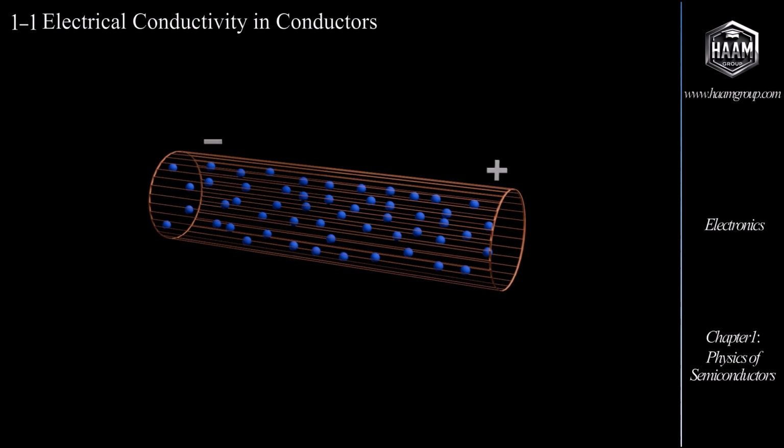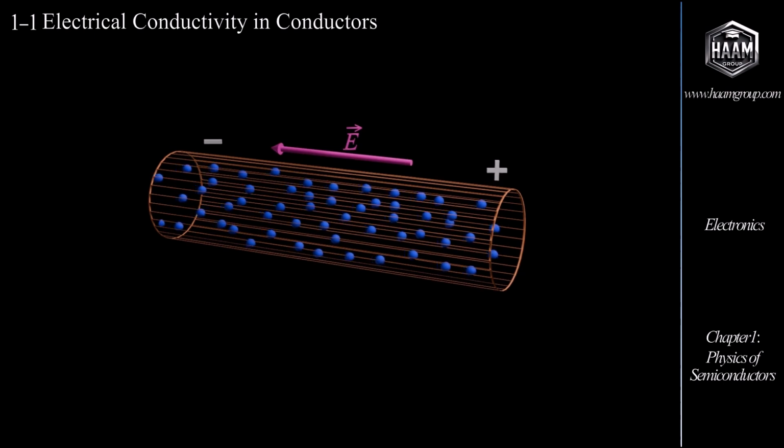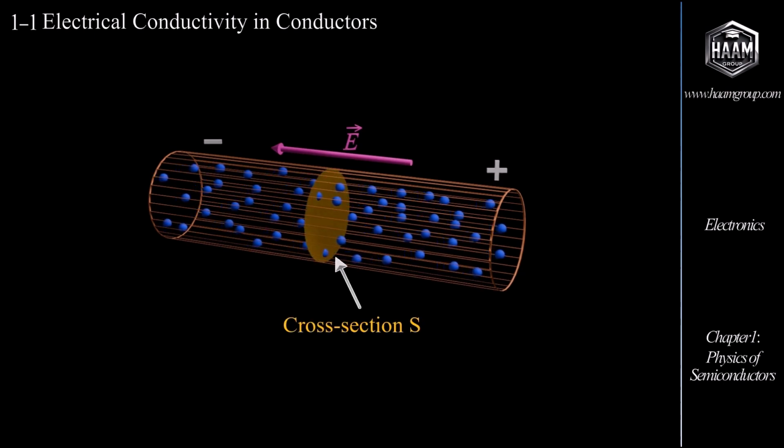However, if an electric field is applied across the two ends of this wire, that is, if a potential difference is applied, creating a field E, then the field exerts a force on the free charge that is stronger than the Coulomb force between the charges themselves. As a result, the free negative charges in the conductor move in an ordered manner.